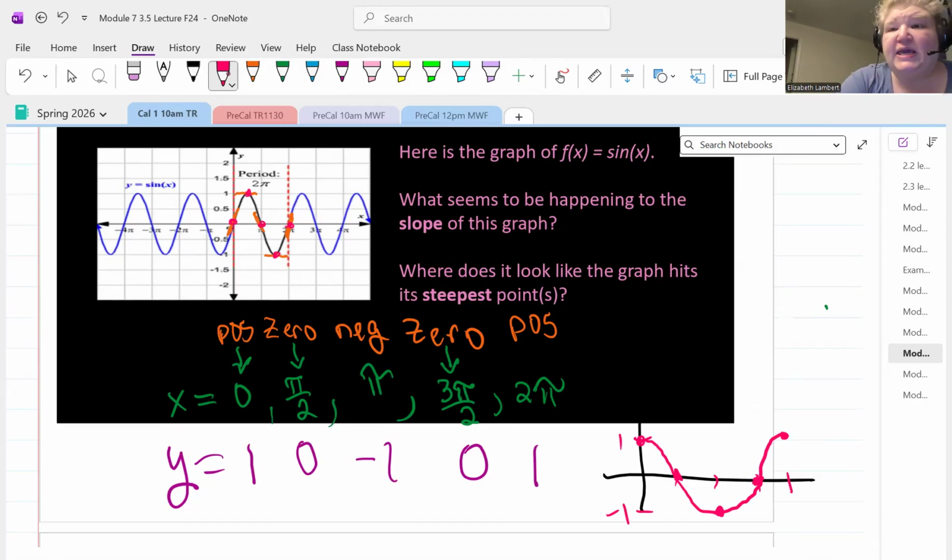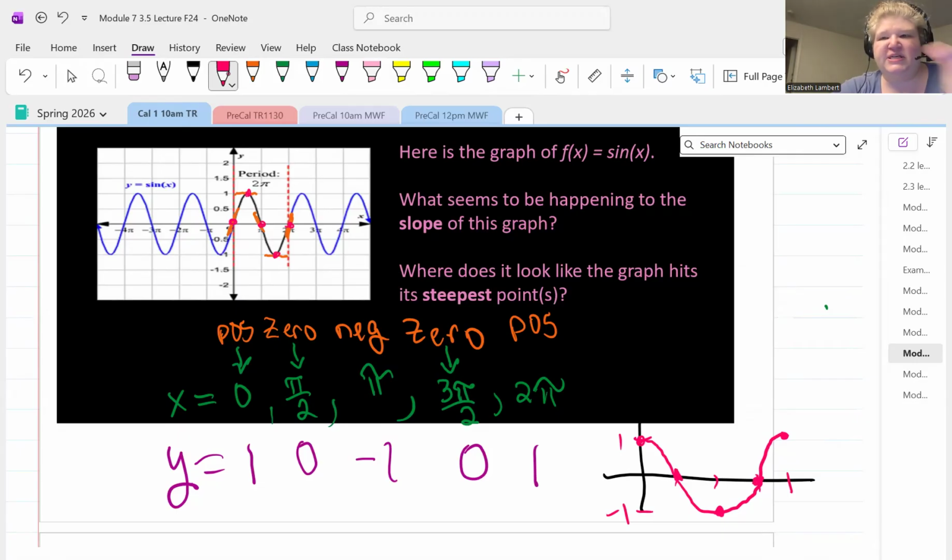So even from looking at the graph, if I think of the slope of the tangent line, the sine graph has a positive slope there. The cosine's value at 0 is +1. Or at pi over 2, the slope of the sine graph at pi over 2 is the top of a peak. It's 0. The cosine value at pi over 2 is 0.